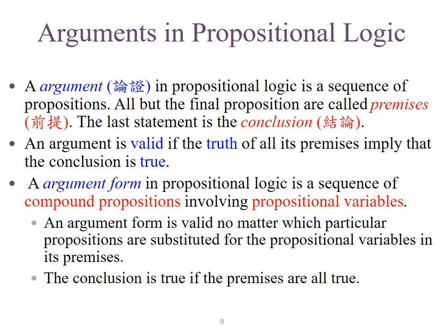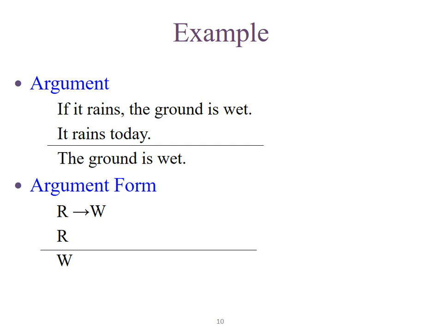Okay, so maybe we can see one example of argument. For example, we have the argument: if it rains, the ground is wet, and the second premise, it rains today. Then we can draw the conclusion, the ground is wet.